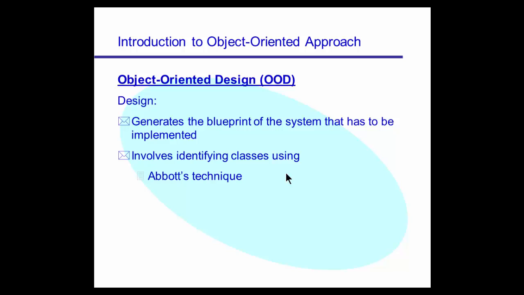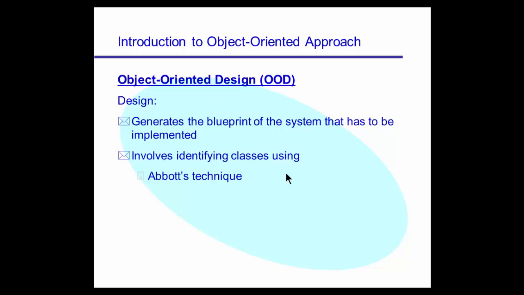We need to implement the problem specification with regard to the various classes which you are going to develop inside the coding part of the development phase. Next, it involves identifying classes using the Abbott's technique. The blueprint itself gives the idea of developing or identifying the classes, so both are combined into a single unit here using object oriented design.